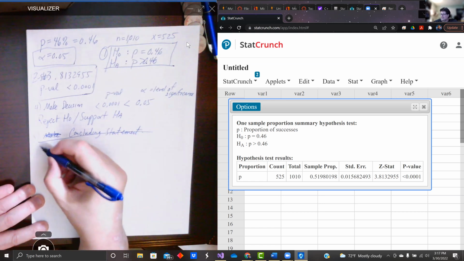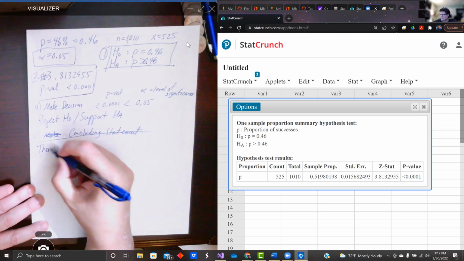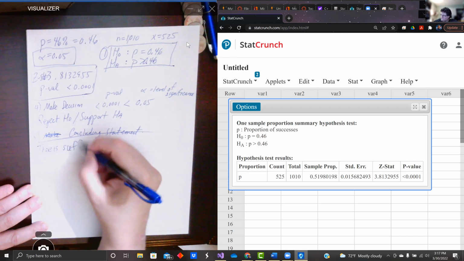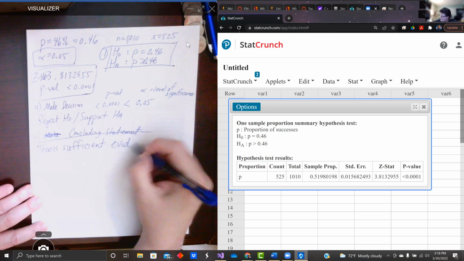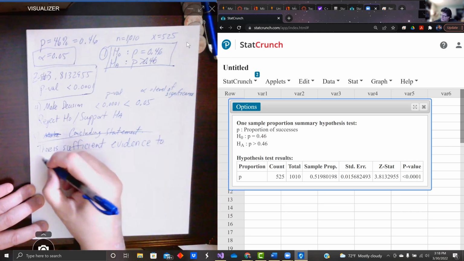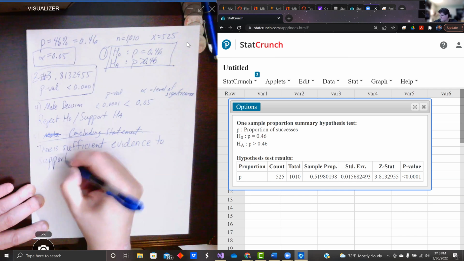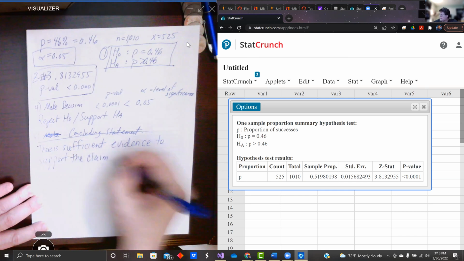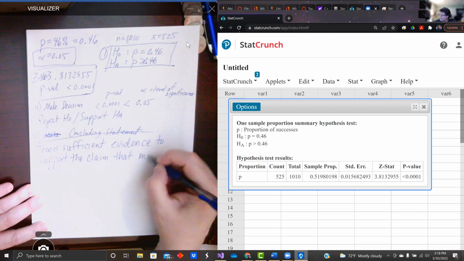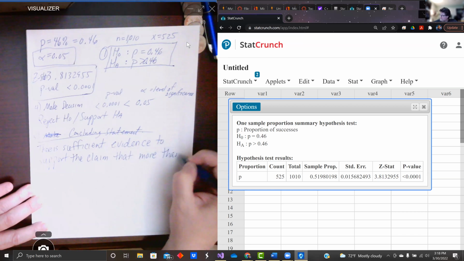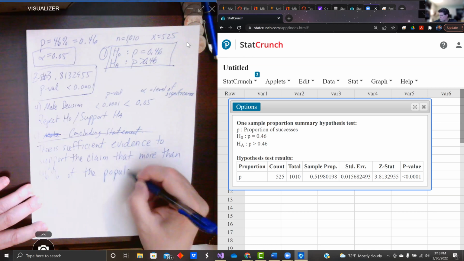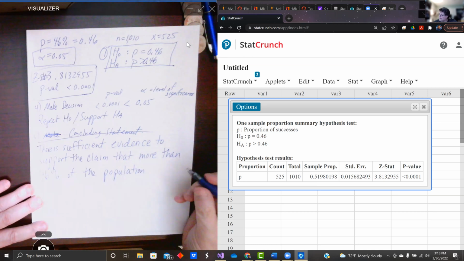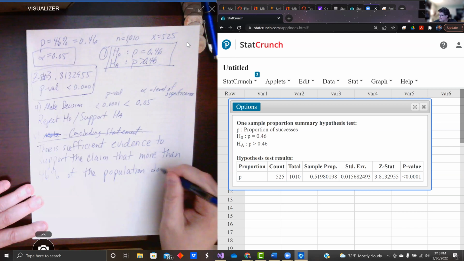The concluding statement is there is sufficient evidence to support the claim that more than 46% of the population, I think they specified like where, like a country or something like that, don't trust the media.